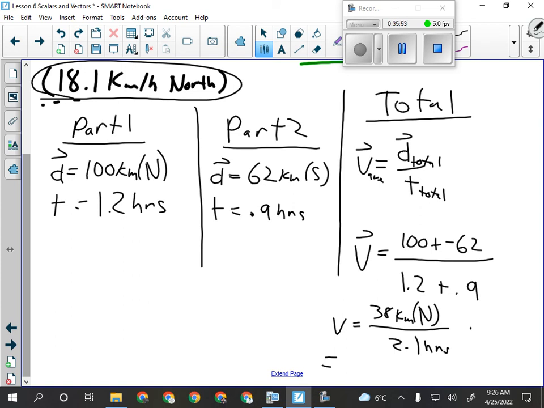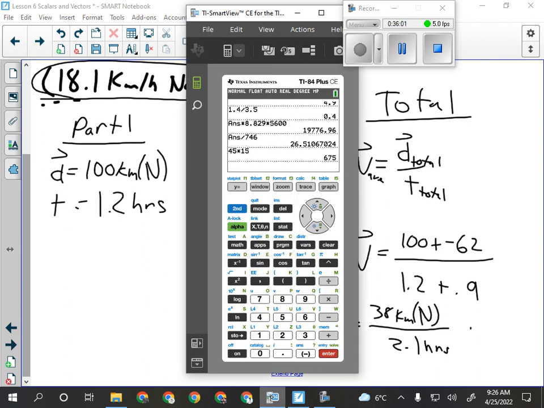Can I now calculate what my average velocity over the whole trip is? I can. Just have to go 38 divided by 2.1. Okay. 18.1 kilometers per hour north. Because I went 100 kilometers north. I went 62 kilometers south. That means I'm still north of where I started.